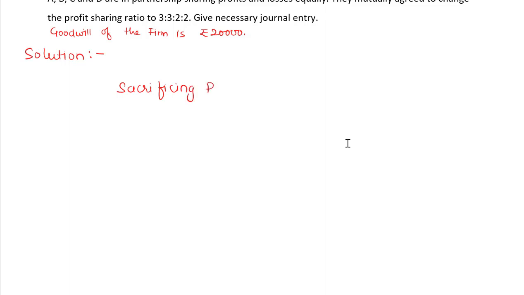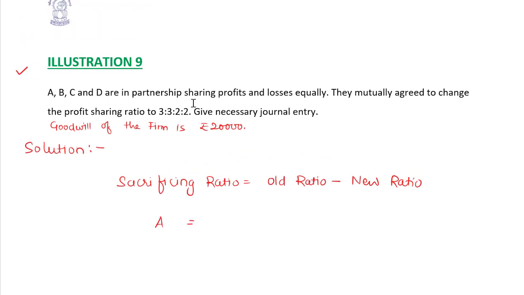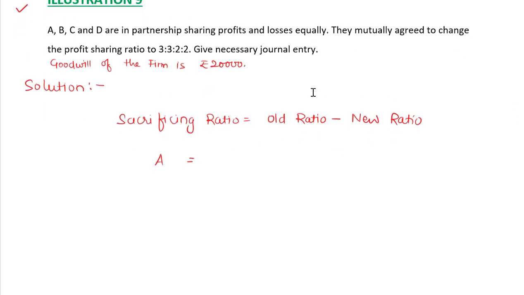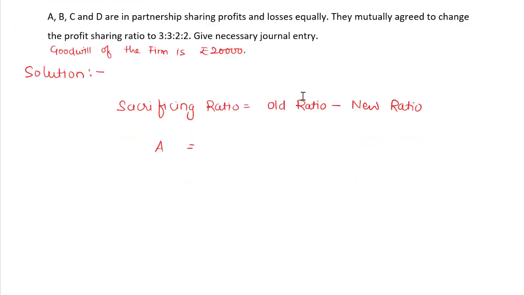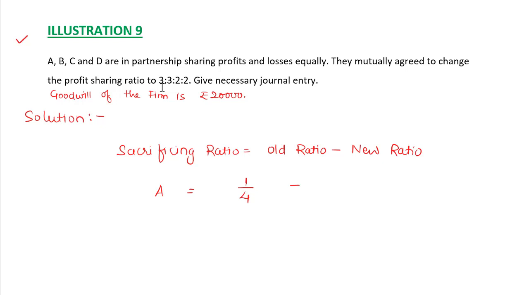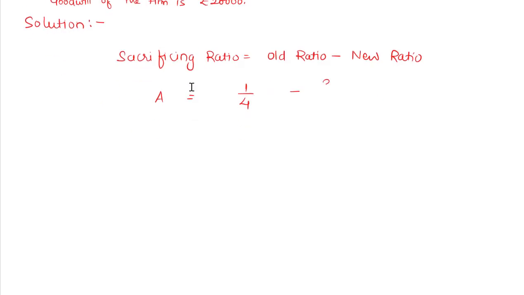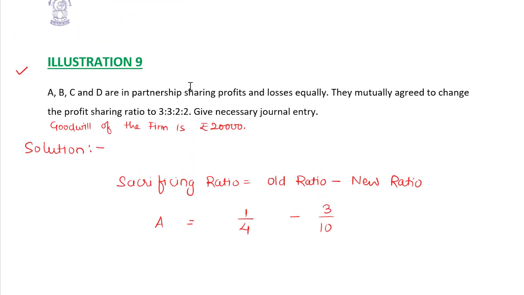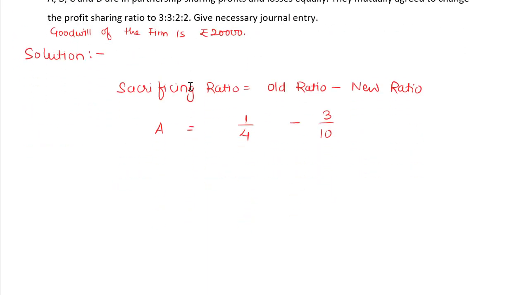Sacrificing ratio equals old ratio minus new ratio. In case of A, old ratio is 1 by 4, because there are 4 partners, 1 by 4 less new ratio 3 by 10. Multiply this by 10, multiply this by 4.